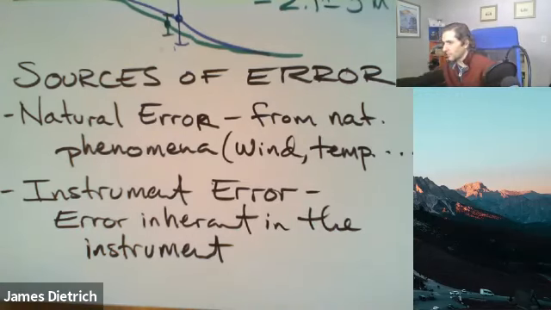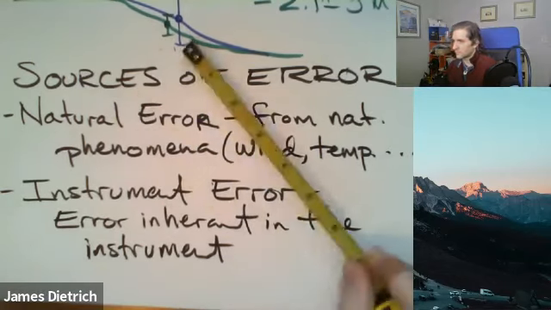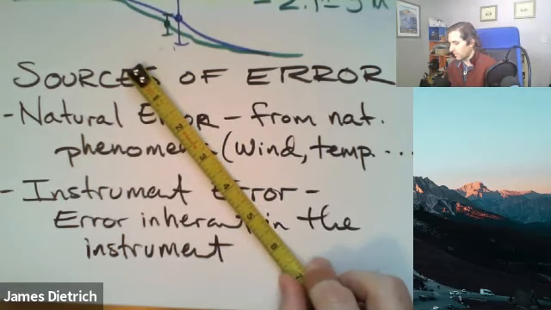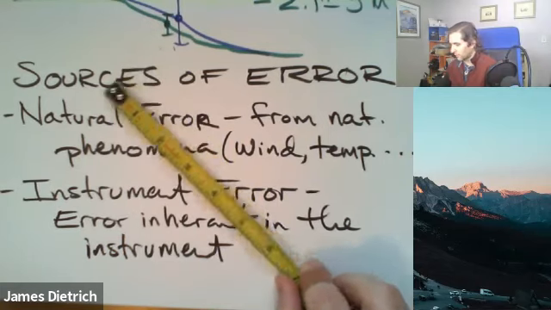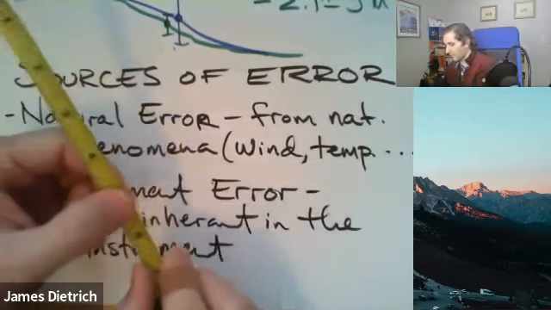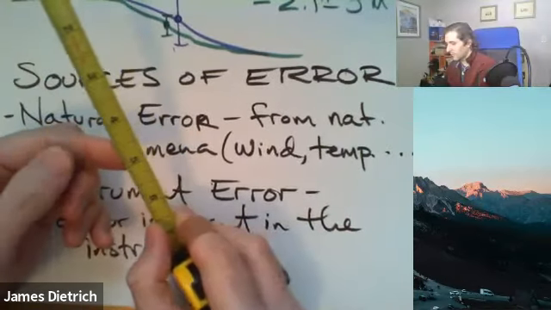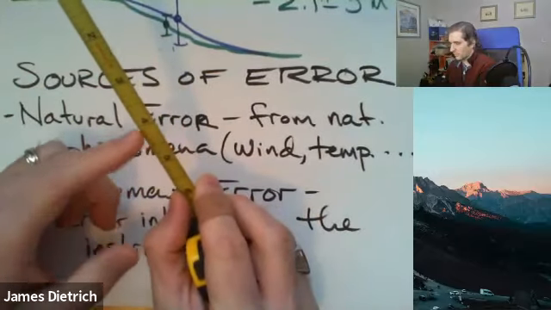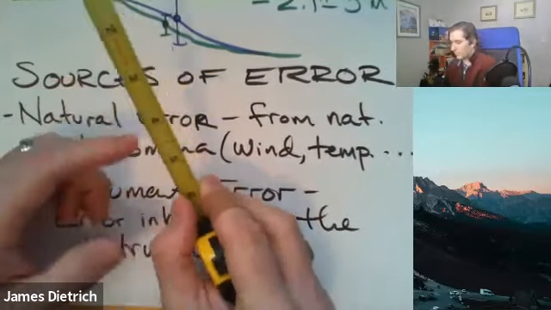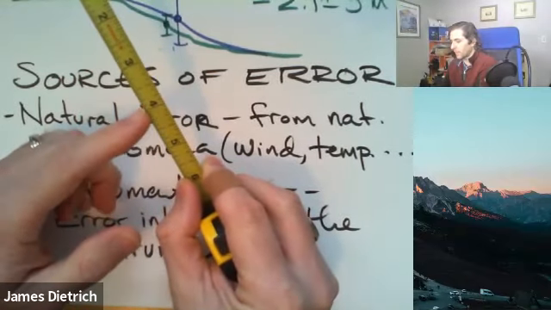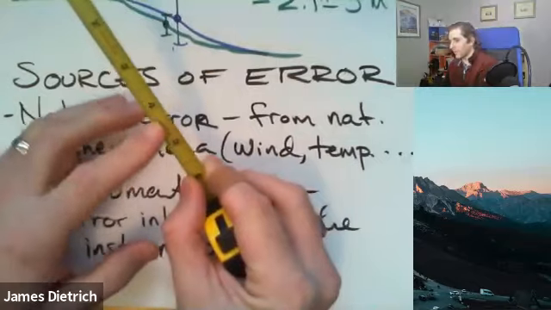So if we go back to our tape measure example, this has a certain amount of error associated with it because it's printed using a certain technique on a curved metal surface. It's fairly accurate down to a certain level of measurement, but there's still going to be some error in here.